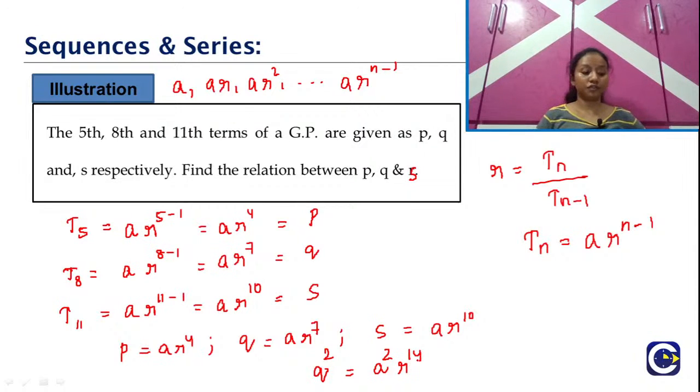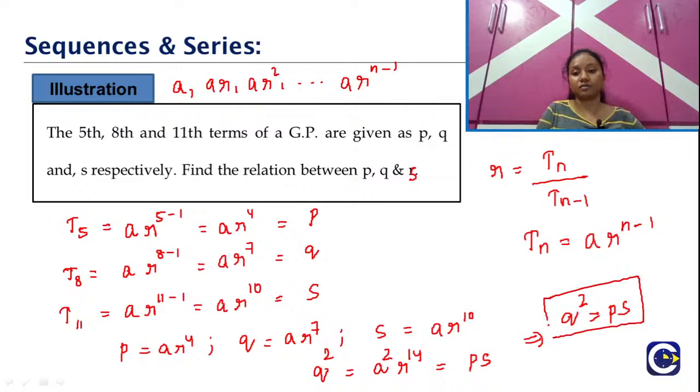Right. So if we do this Q square, this will be equal to the product of P and S, which is given by a square into r power 14. That means the relation between these three P, Q, S is given by Q square is equal to PS. Because P is equal to a into r power 4 and S equal to a into r power 10.